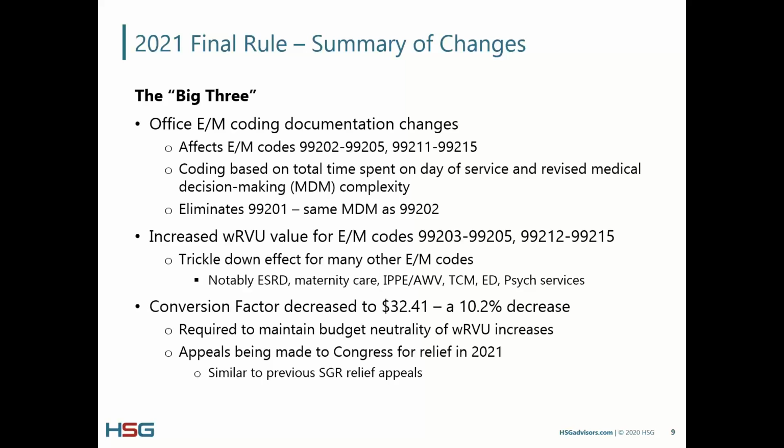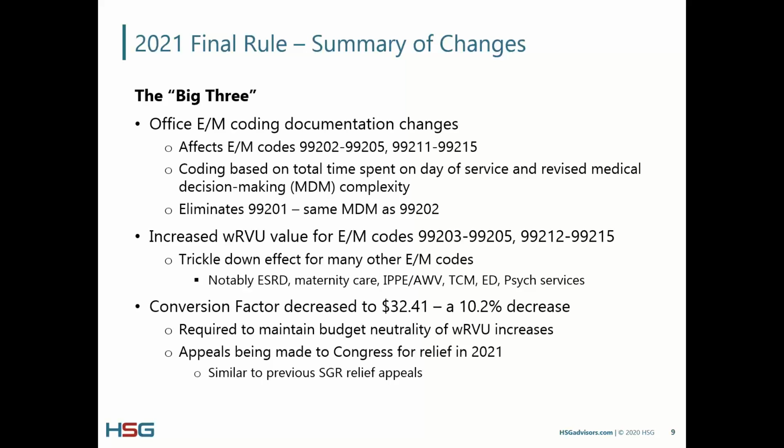And finally, as was mentioned already, the conversion factor decreased about 10.2%, down to $32.41. And as I mentioned, that's required to maintain the statutory requirement of budget neutrality of any RVU increase. So for instance, what that means is there's a legislative requirement, meaning a congressionally passed law, that any change in RVU has to be offset by a decrease in the conversion factor.